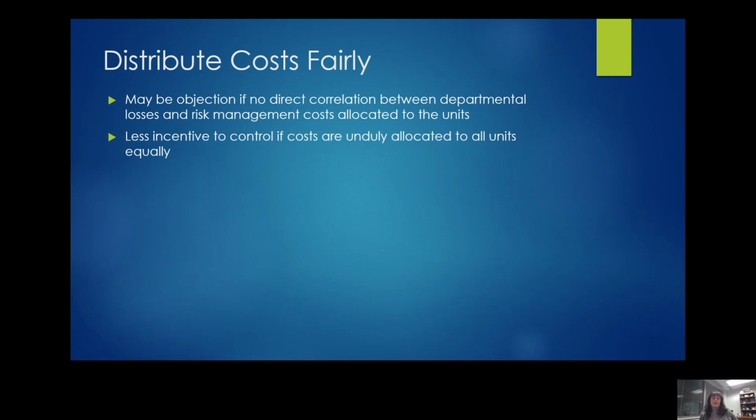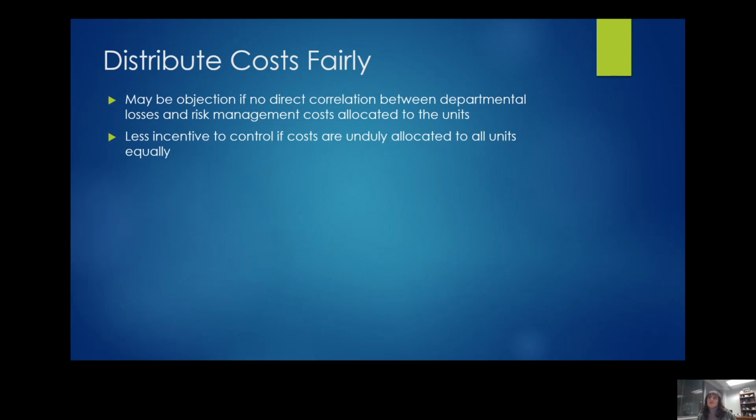Fairness is really important. I know it is at my organization. People look at their financials for electric, gas, and water, and they say, here's all these overheads, and some of them say they're related to insurance or risk. If I don't understand what goes into that cost, or I feel like I'm paying more than my share of the expense, and maybe another department is causing the cost to increase, I'm not going to be happy.